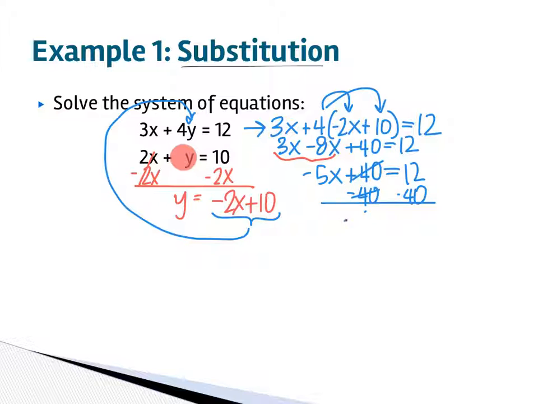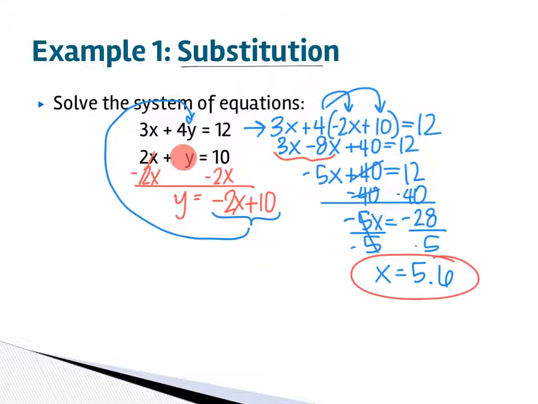So negative 5x equals negative 28. Divide both sides by negative 5. And we get 5.6.